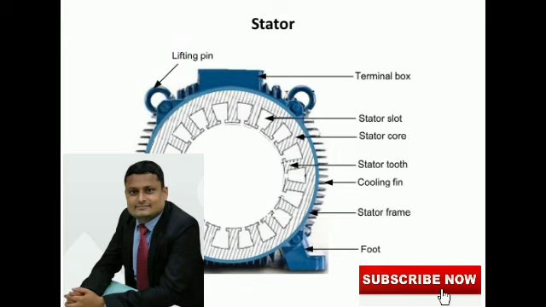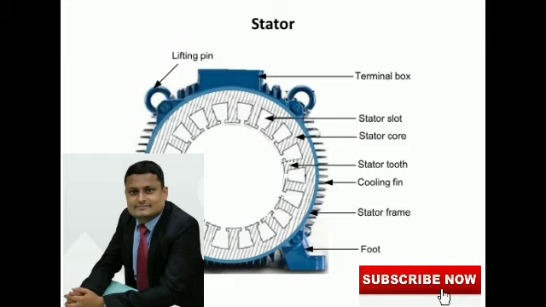Putting in the values: 250 into 0.746 into 10 to the power 3 over 3 into 400 into 0.9 into 0.9, that equals 192 ampere. Given the stator current density delta s is 3.5 ampere per mm square, As will be 192 by 3.5, that is 54.86 mm square.